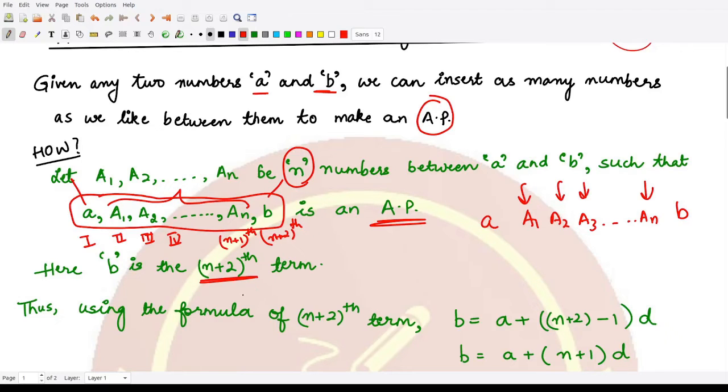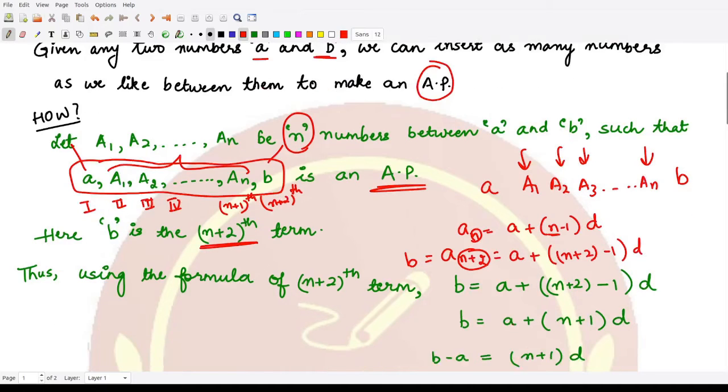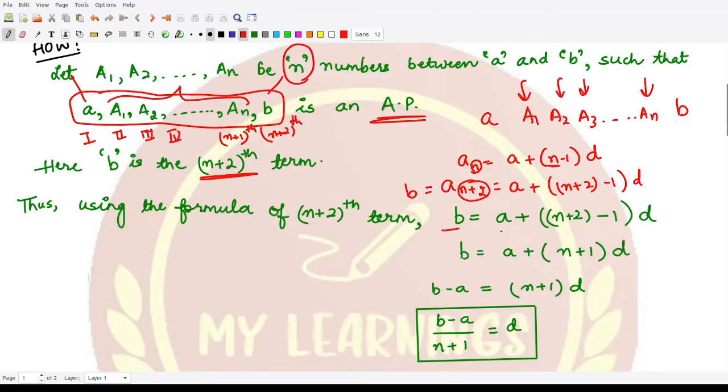So using the formula of the nth term, we know AN is A plus n minus 1 times D. Now if you want to write the n plus 2th term, which is B in our case, we are replacing this n with n plus 2. So it would be A plus n plus 2 minus 1 times D. So this is what I have written here: B is equal to A plus n plus 2 minus 1 times D. When you solve this, you would have n plus 1.